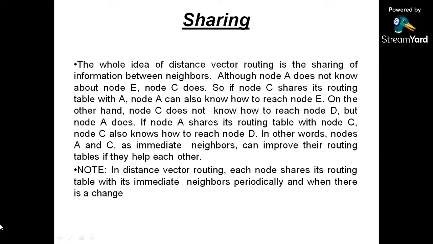So make a note. In distance vector routing, each node shares its routing table with its immediate neighbors, periodically, and when there is a change in the cost of the table of a node.